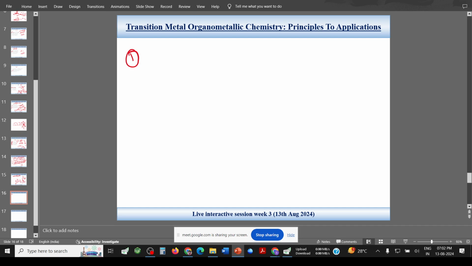We have rhodium complexes like [Rh(NH3)5(C2H5)]2+.